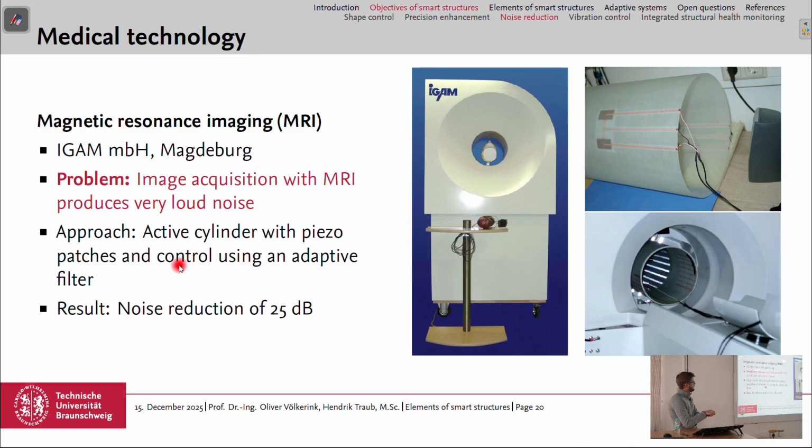The idea was to have an active cylinder, also with piezo patches and a control and adaptive filtering, which was then placed here. With this, the noise could be reduced by 25 decibels to increase the comfort of the patient, so that he won't move during imaging.